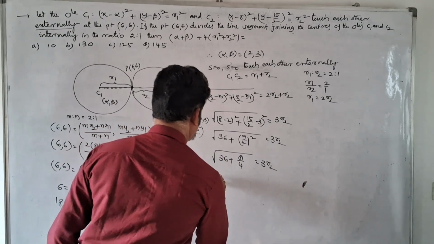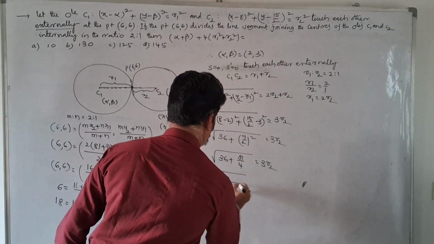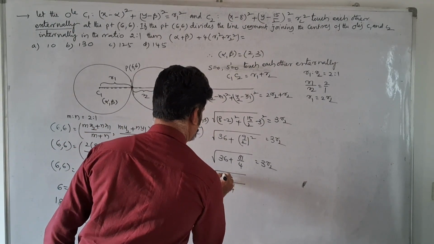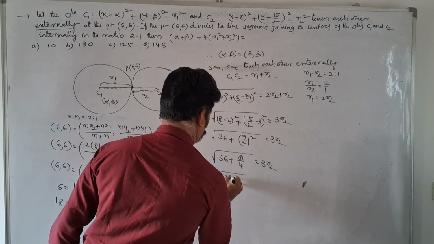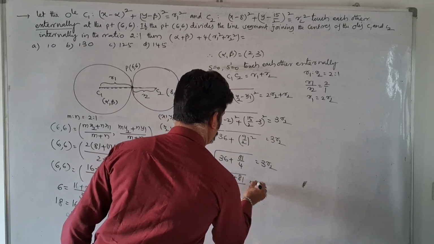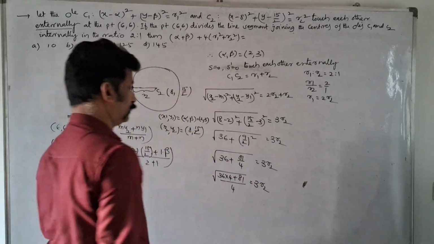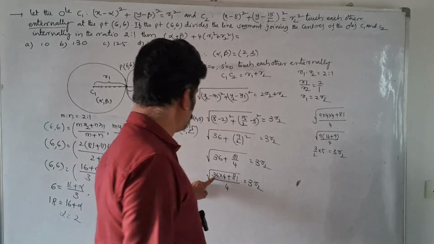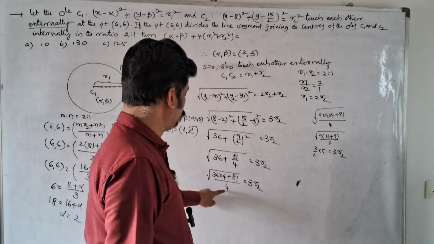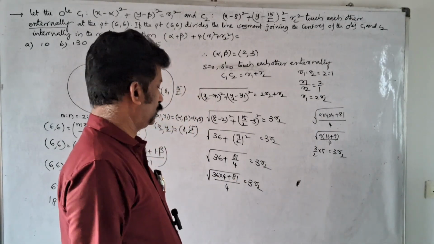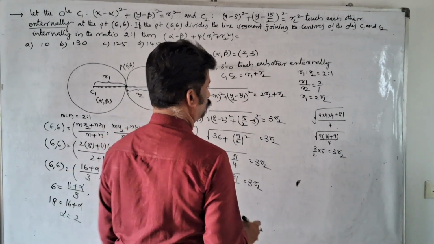Understood? So this implies root over LCM is equal to 4. Root over 36 into 4 plus 81 by 4 is equal to 3r2. Now look at the board.